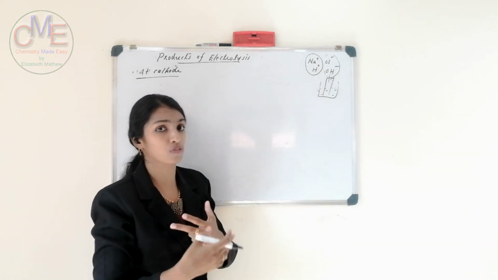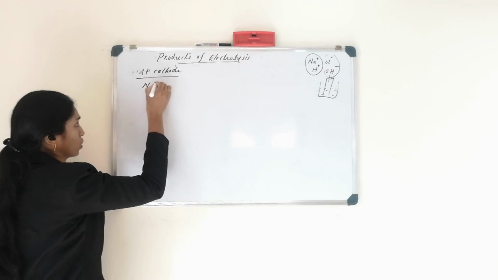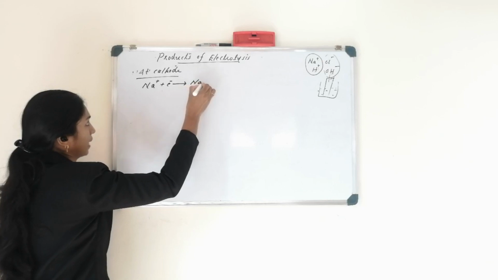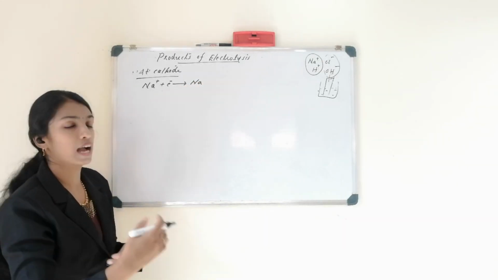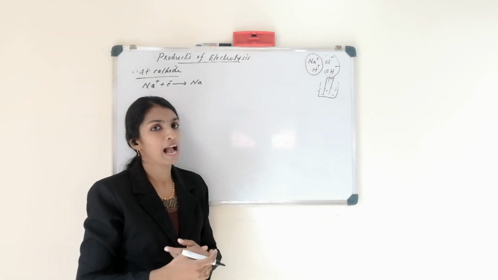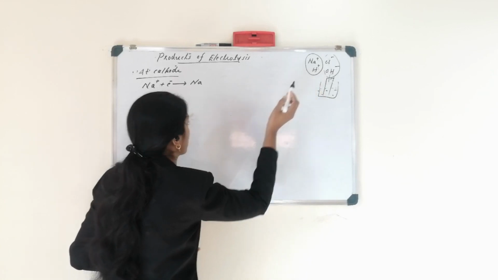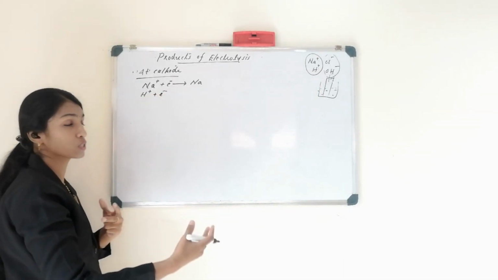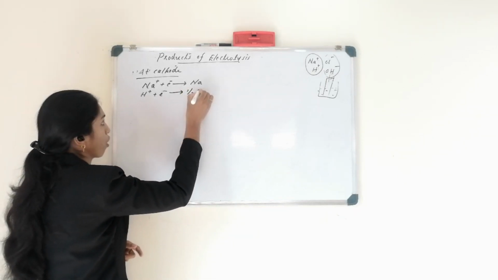So we can write the possible reactions: at the cathode reduction occurs. Na+ + electron gives Na. Sodium ion receives one electron and produces sodium metal. The other possible reaction is for the other positively charged ion, H+. If reduction occurs for H+ ion, we can write H+ + electron gives half H2, right?